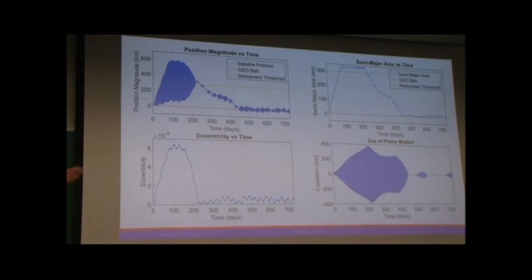Like maybe what's happening in this diagram is we're simulating a deorbit from the geostationary belt. We're using a solar sail to attach ourselves to a piece of unwanted space debris, raise it 300 kilometers into what's called a retirement threshold or a graveyard orbit.